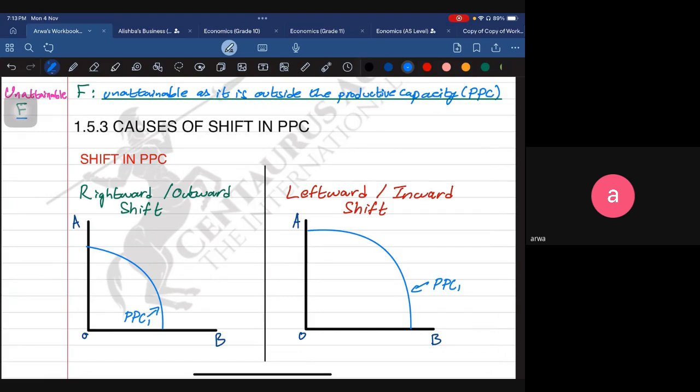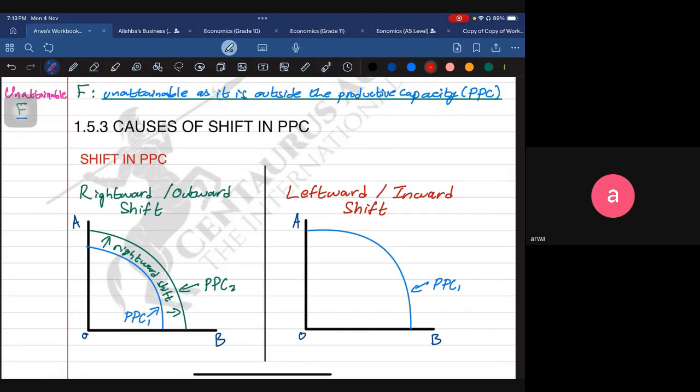A rightward shift means that the PPC moves towards the right. So it's shifted towards the right. This is considered PPC2, and it can be considered a rightward shift.